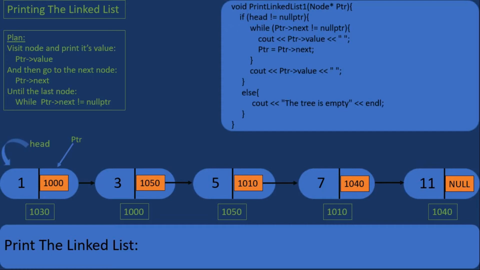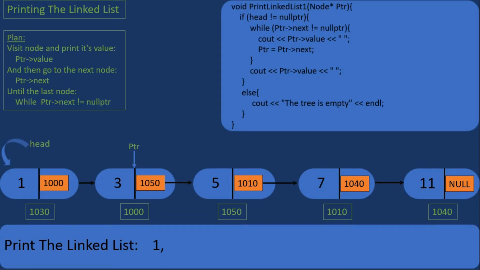So we enter the while loop and we print out the value, which is 1, and then advance the pointer ptr to the next node. And now we're pointing to the second node. And since its next pointer is pointing to another node, we are still in the while loop and we print out the value of the node, which is 3.